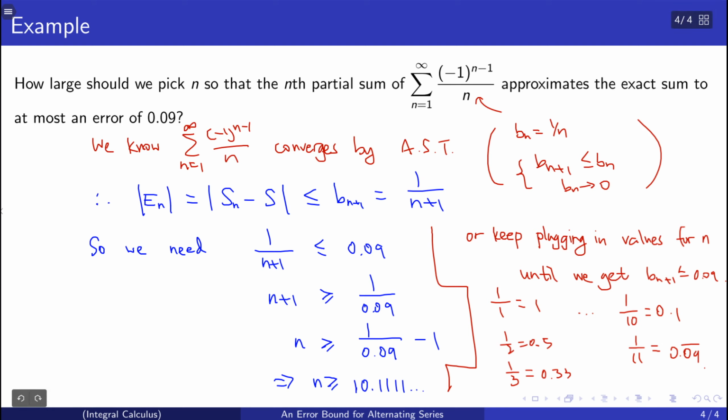And so, what does this mean for us? It means, well, okay, so 1 over 11 is not actually less than 0.09. We need actually one more. 1 over 12, let me use my calculator here. 0.083.